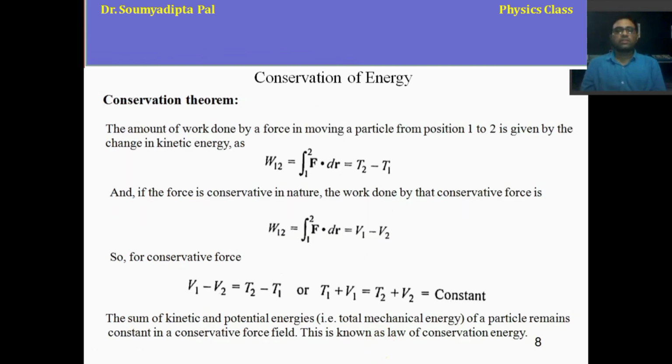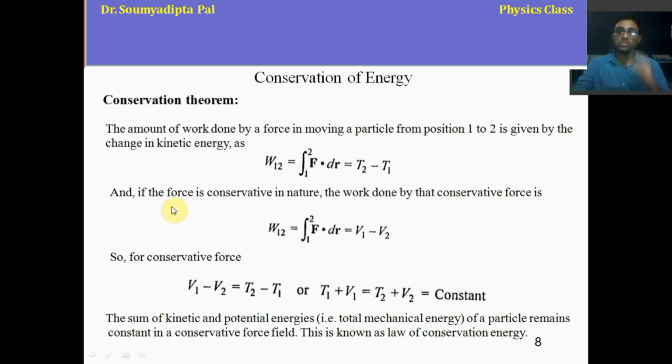Now the conservation theorem tells us, as we already have, that the amount of work done by a force in moving a particle from position 1 to 2 is given by the change in kinetic energy, that is T2 minus T1.